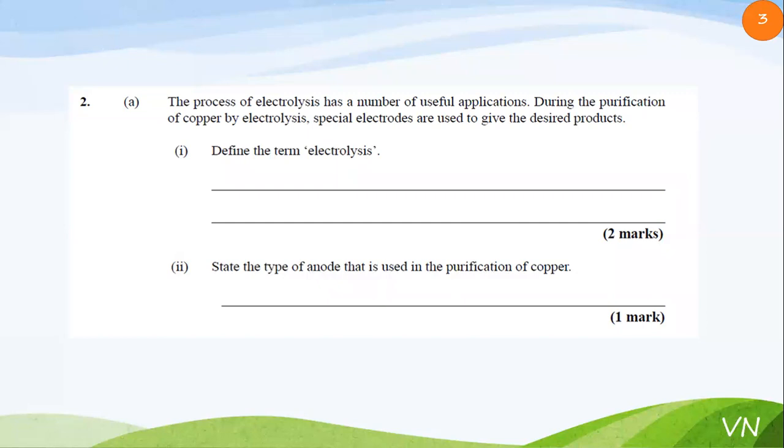So let's go on to part 2 of the question. Let me read the introduction first of all. It tells us here that the process of electrolysis has a number of useful applications. During the purification of copper by electrolysis, special electrodes are used to give the desired products. First part, the part that we're going to answer now: state the type of anode that is used in the purification of copper.